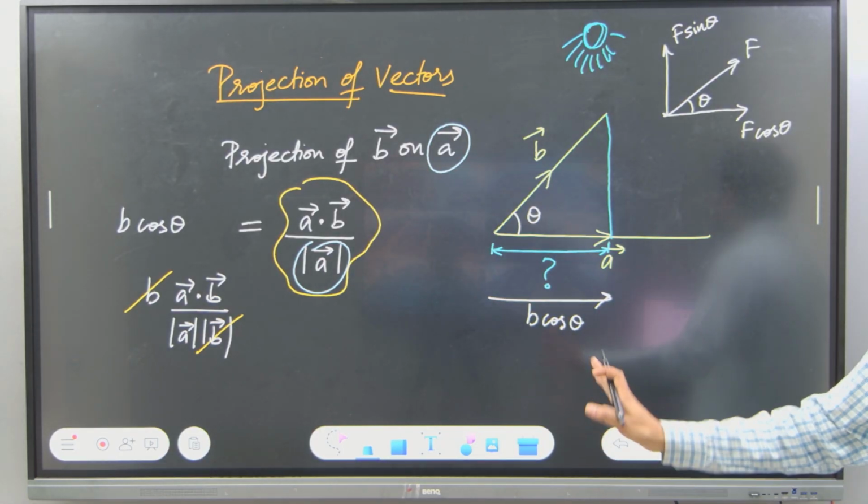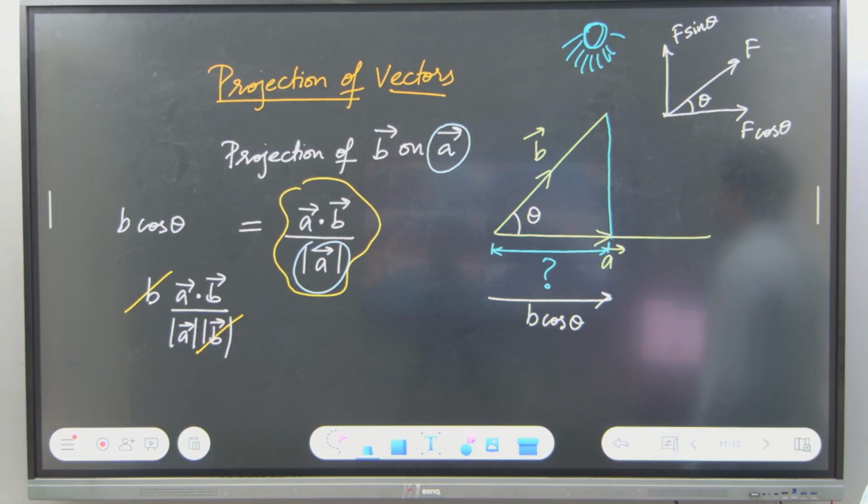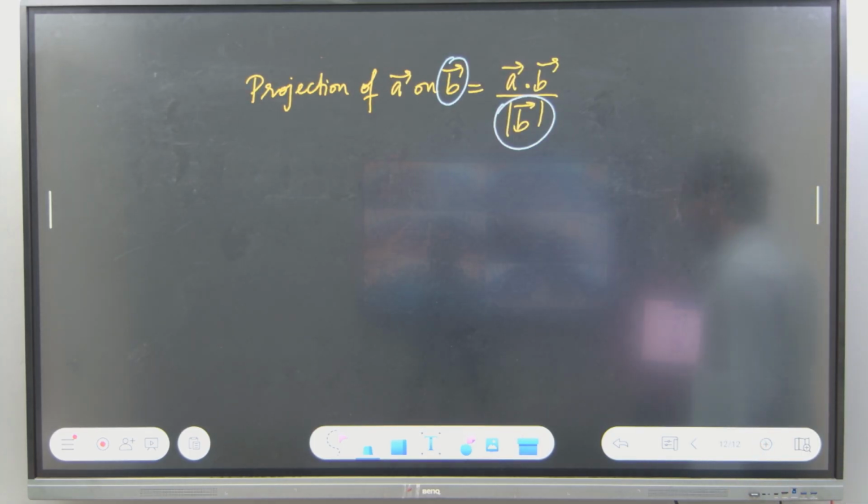All right. So now we'll solve some simple problems on this, and then we will go ahead with the vector product. Let's take up a projection problem, to find out the projection. Let me take any random example.